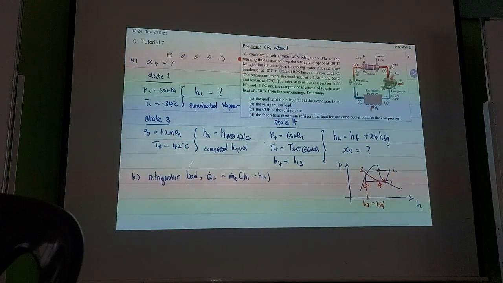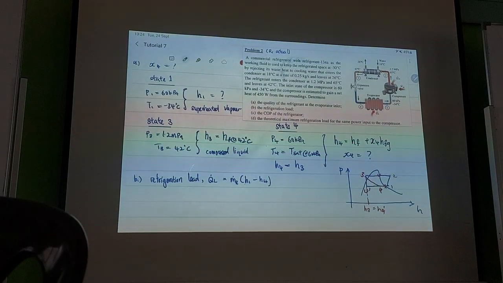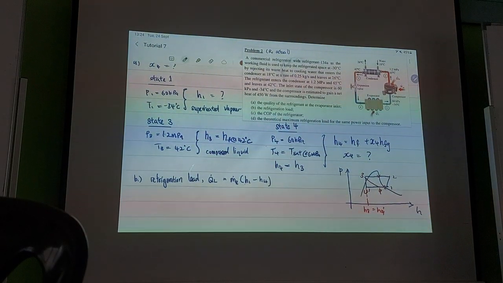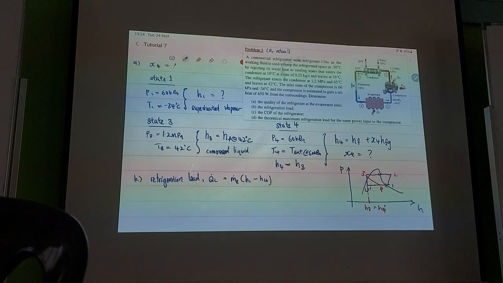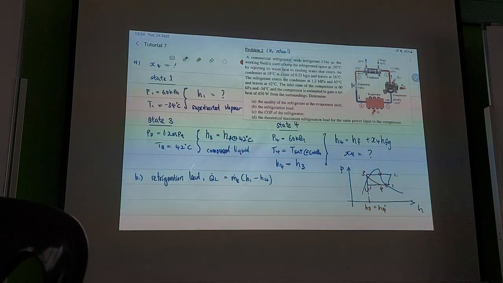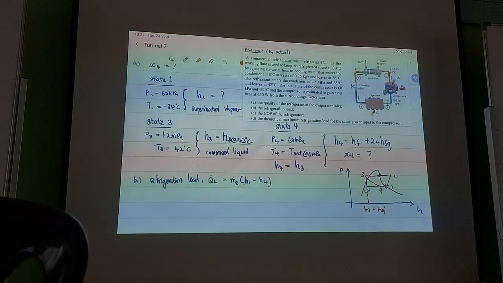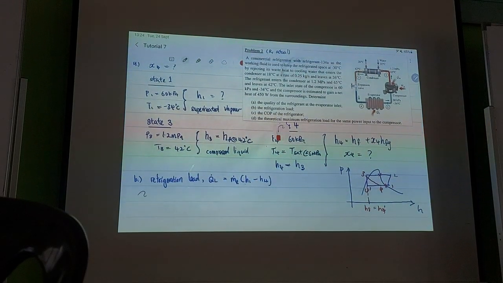We have one piece of information that we are given, but we haven't used it yet, which is the cooling water. So now we need to go to the cooling water first.